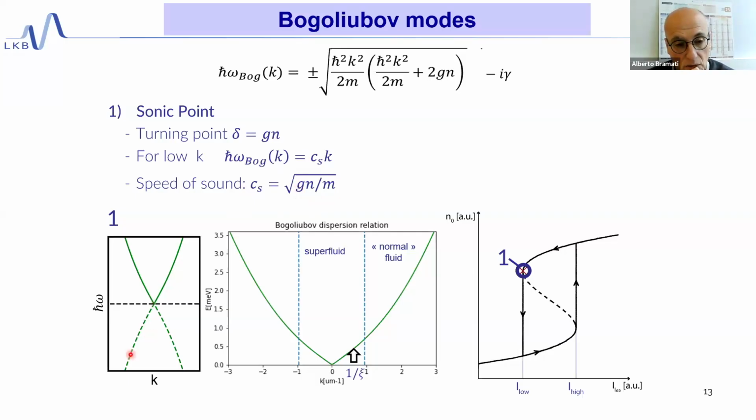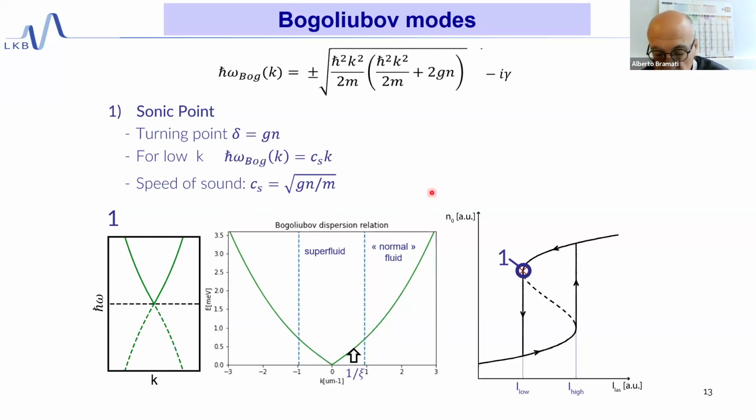We also observe, in this kind of fluid of light, the symmetric of the normal branch, the so-called ghost branch, which has negative frequencies with respect to the energy of the polariton.